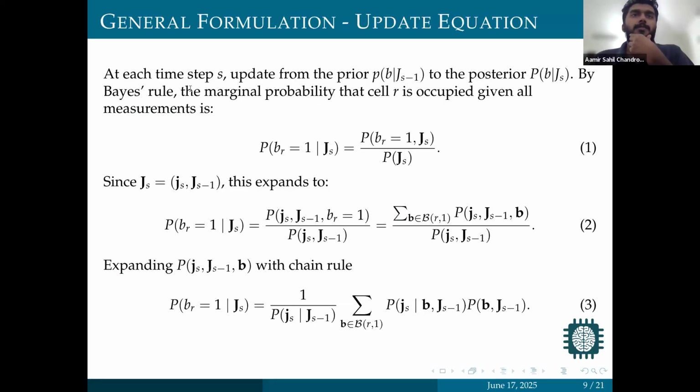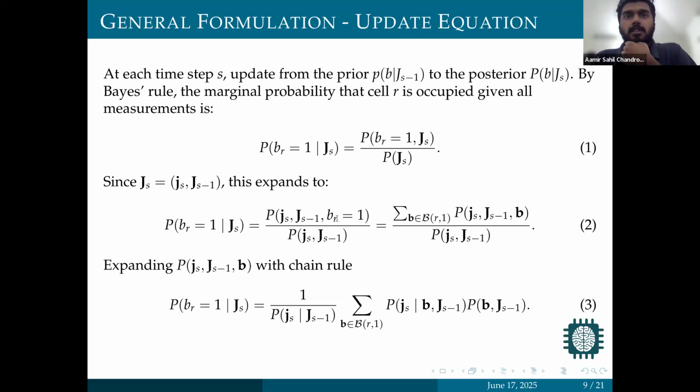Okay, so to the derivation, the equation number 1 is the standard definition for conditional probability, and then expanding JS to be current measurement plus previous measurement, it can be written as equation number 2.